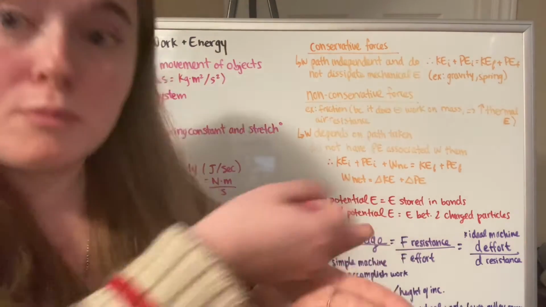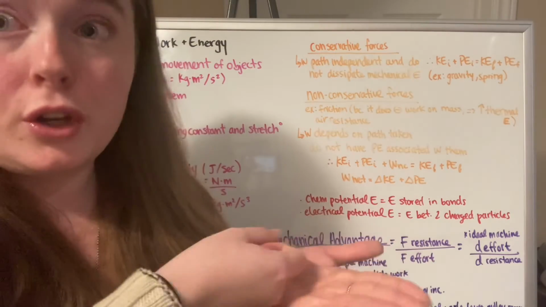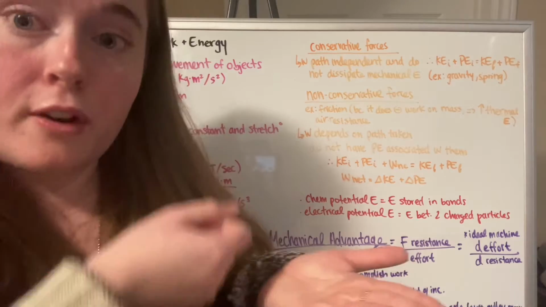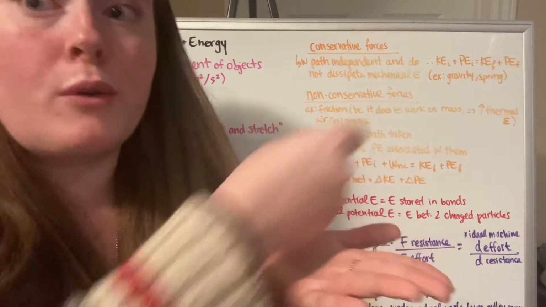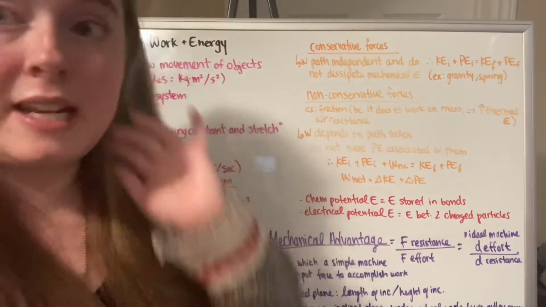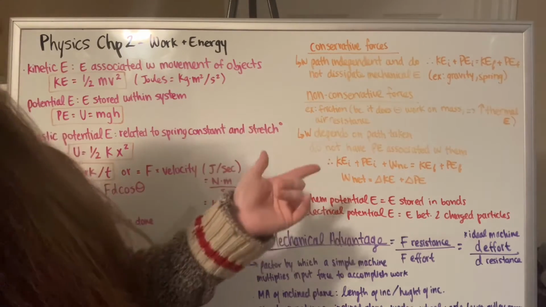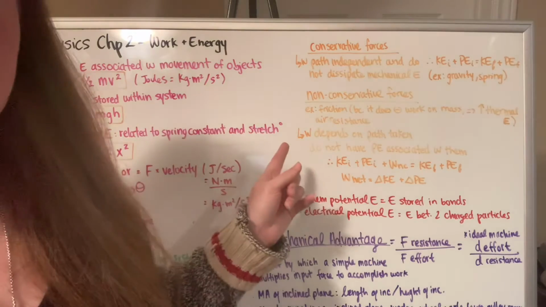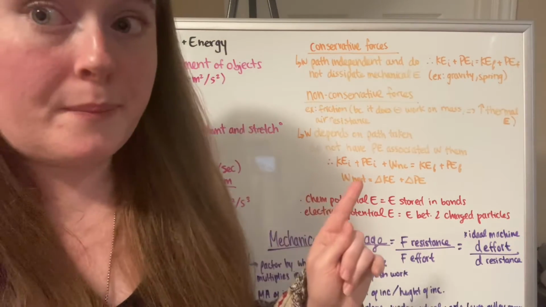If you keep sliding back and forth, the work done is going to be way more because the thermal energy is increasing by a lot. If you just slide it once, that's different than sliding it back and forth to get there. So that's why friction depends on the path that is taken, which is why it's a non-conservative force. The other thing about non-conservative forces is that they do not have potential energies associated with them.